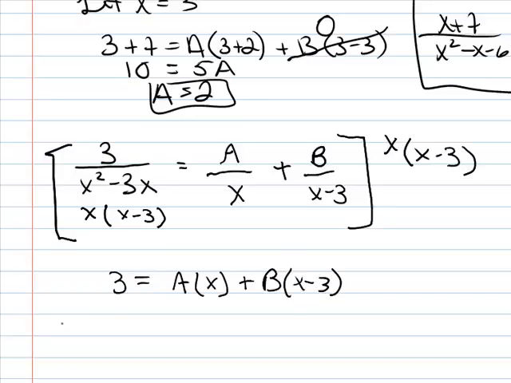To get a, the x times 3 gives us the a, and the x gives us b.